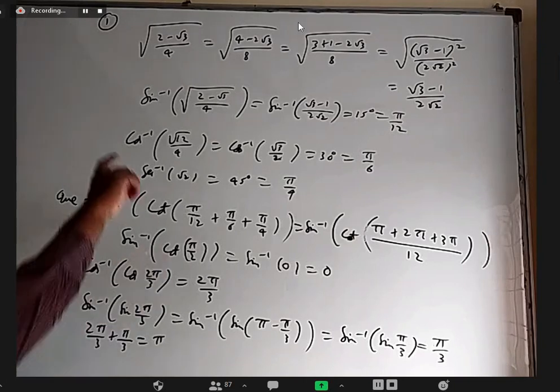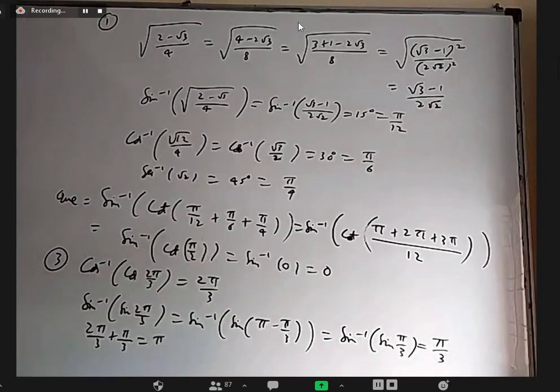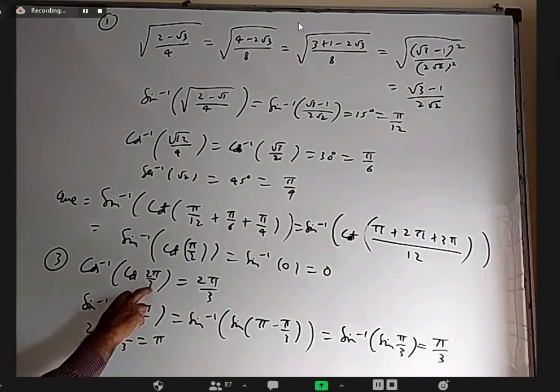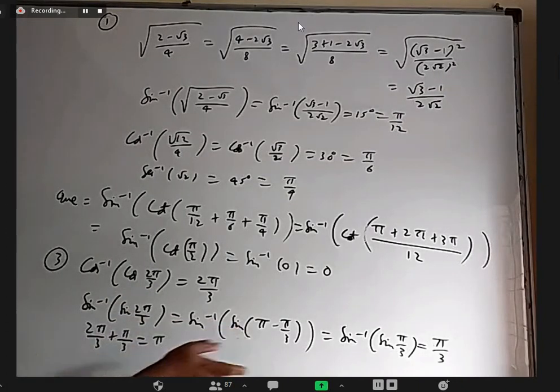Okay, so first question is finding each individual value and then just substituting, that's all. And second question, this is within the principal values, this is outside the principal values, so bring it down to principal values.